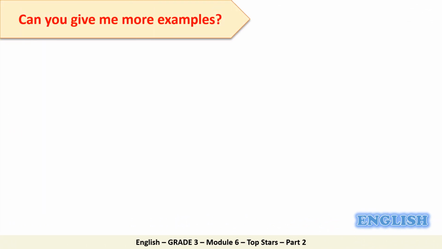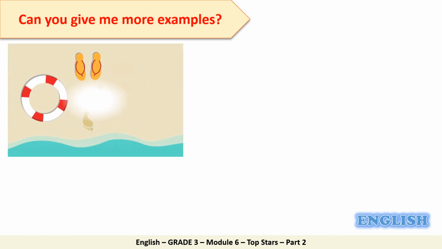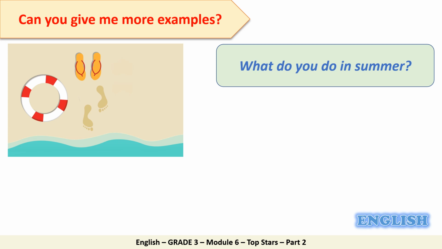Let's form more examples together. Take a look at this picture. Which season is this? Correct. It's summer. Can you help me form a question? Wonderful. The question is, what do you do in summer? Now, let's answer this question.